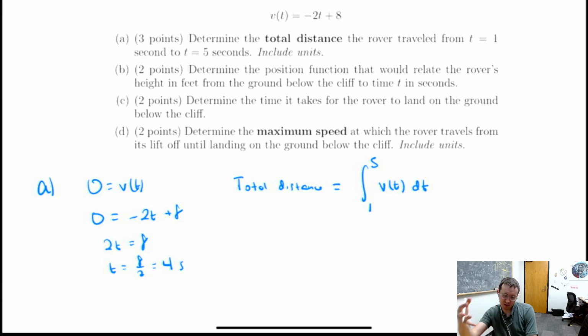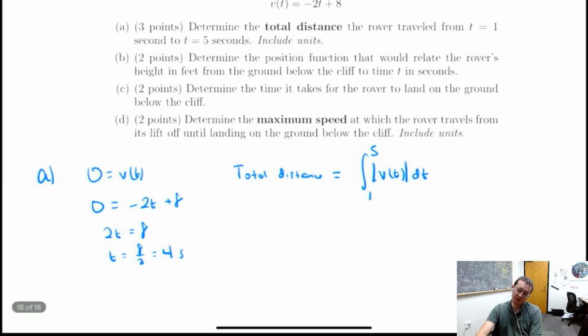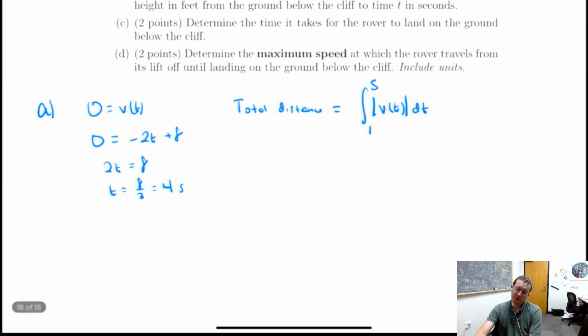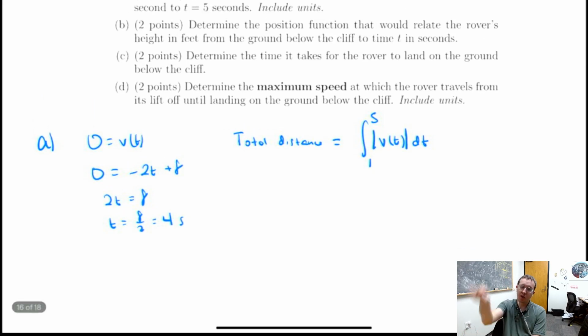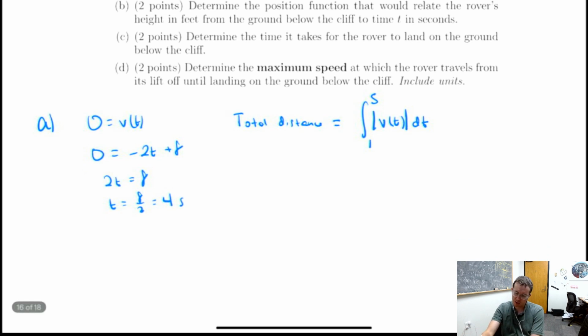You accumulate the velocity, you find out how far it goes. That would actually not be the distance, that would be the displacement. If I want to find the total distance, I need to take the absolute value. I need to consider speed instead of velocity, because whether the rover is moving up or down, it is still traveling some distance, and I want to add up all of that distance.